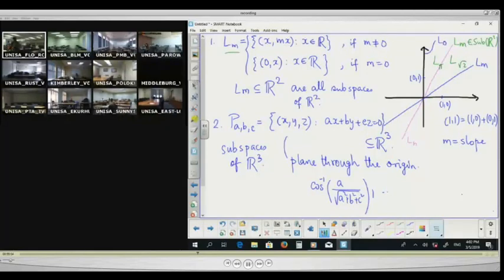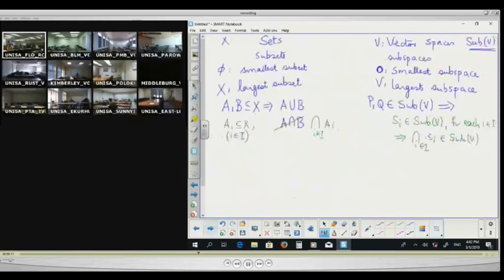So the upshot of all of this is that the union may not be in Sub of V. Yeah? But not everything is lost. Not everything is lost.